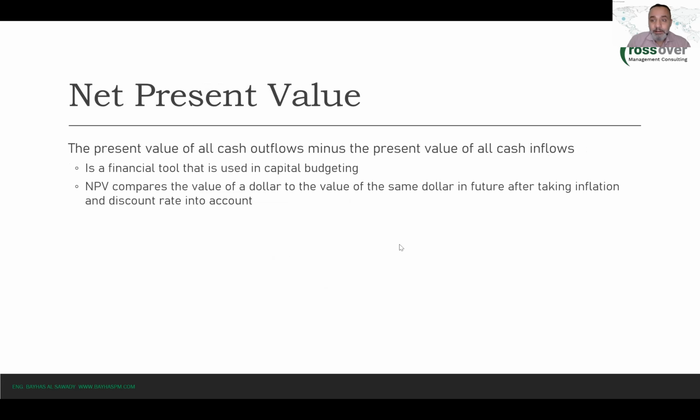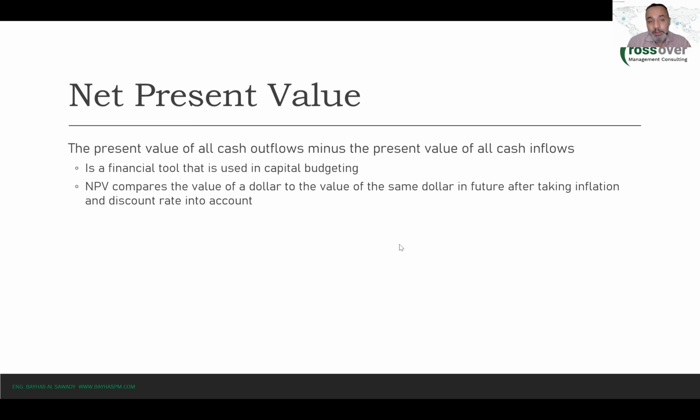Now, another and a better or more accurate calculation is the net present value. So it's not only the present value that we are calculating, but the net present value, which is the present value considering all the cash outflows and all the cash inflows. So all the cash that we're getting minus all the cash that is coming out.